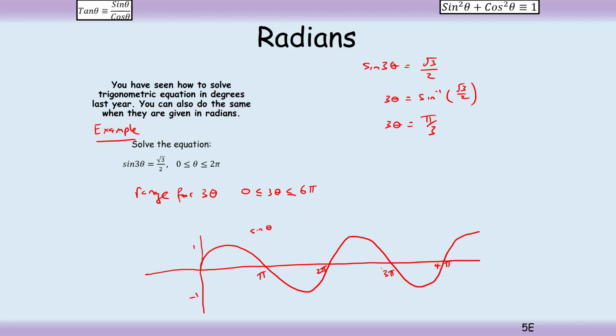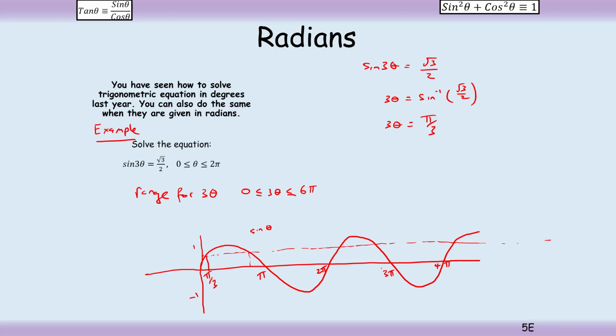So it's crossing about there. So if we draw a dotted line through, keep going, and it goes on all the way to 6 pi. So that's our pi by 3, and it hits here.